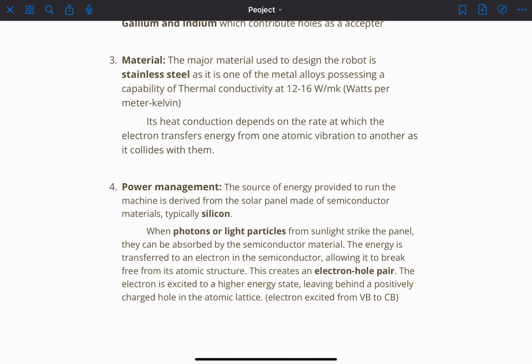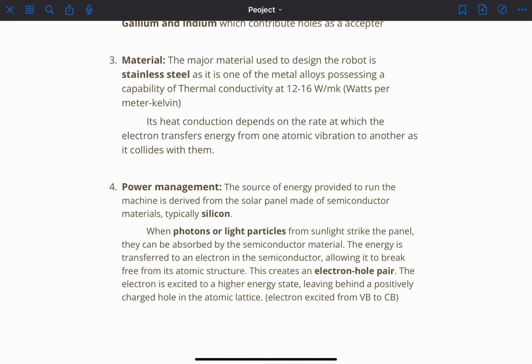As I said earlier, the source of energy provided to run the machine is derived from the solar panel made of semiconductor materials, typically silicon. When photons, or light particles, from sunlight strike the panel, they can be absorbed by the semiconductor material.